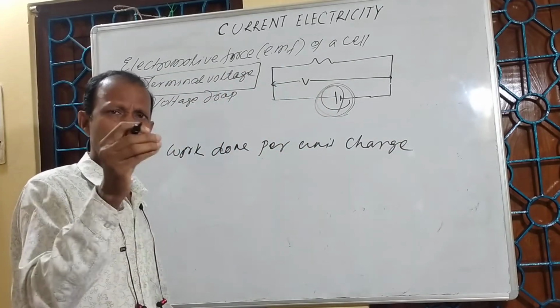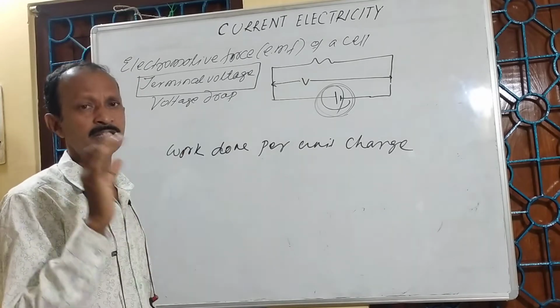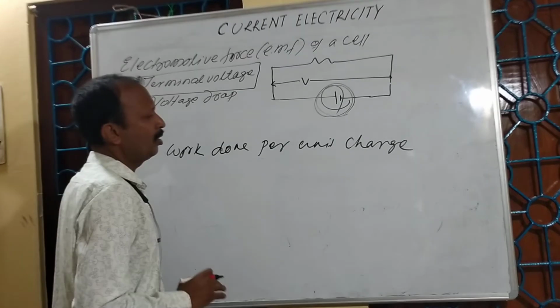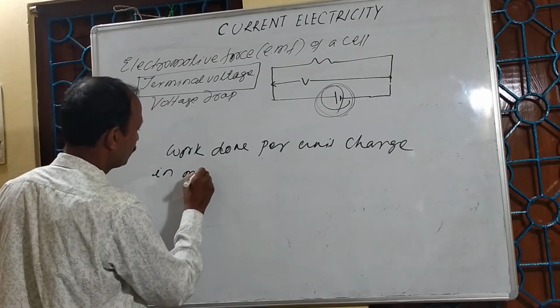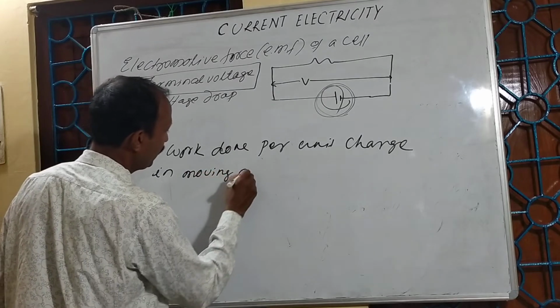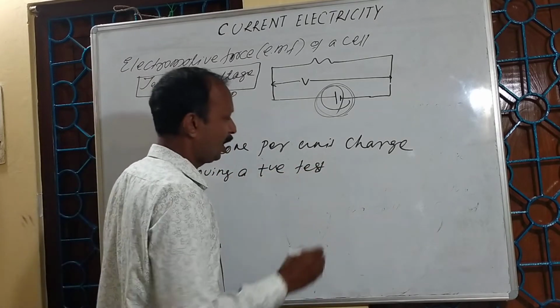Energy spent means work done. Work done means definitely energy spent. So work done per unit charge in moving a positive test charge. I am using the word test charge.